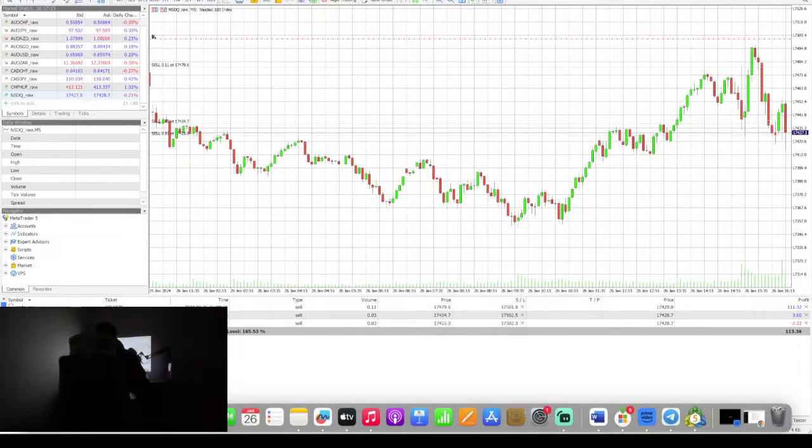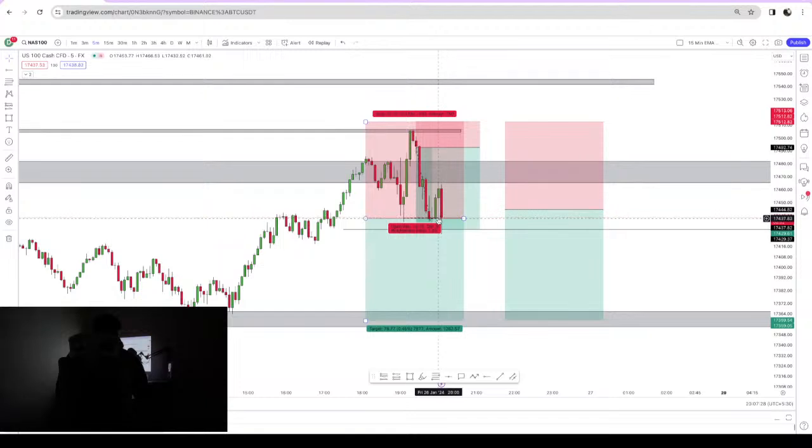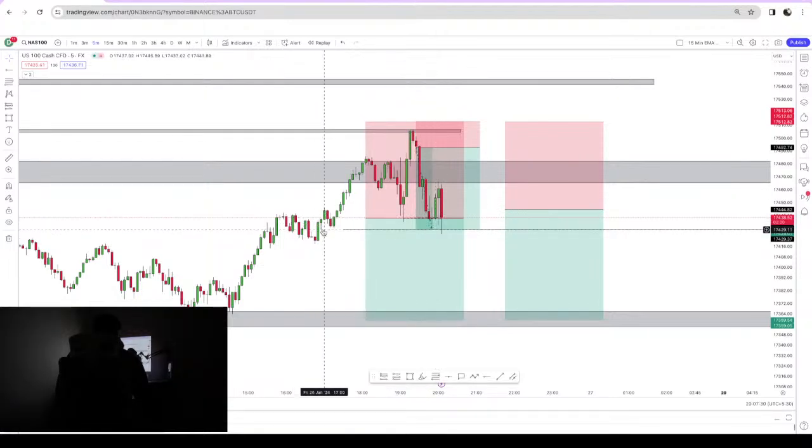So once this candle closes below this zone, below this almost our line, then I'll add more position.